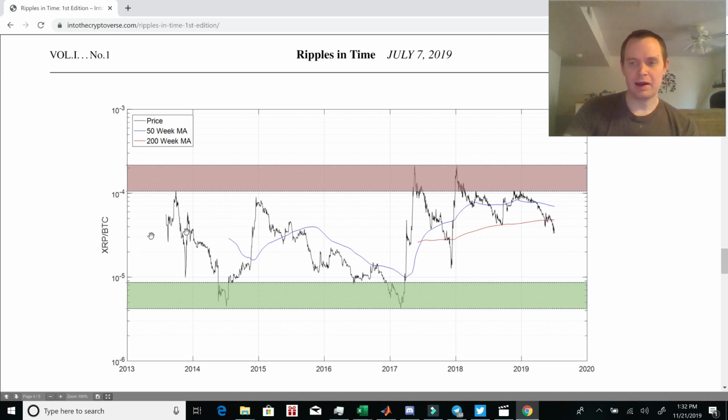And anytime we reached 10 to the minus 5, historically, it was a great time to start buying. Now, this isn't always the case. We don't always make it down that far. You can see here, right before 2018, we didn't make it to 10 to the minus 5.